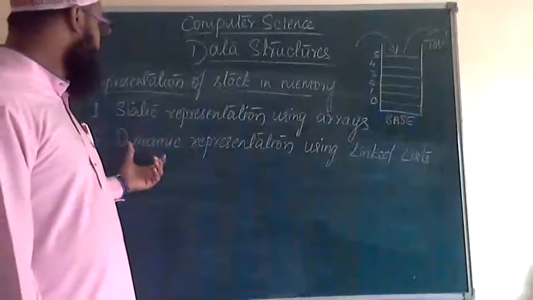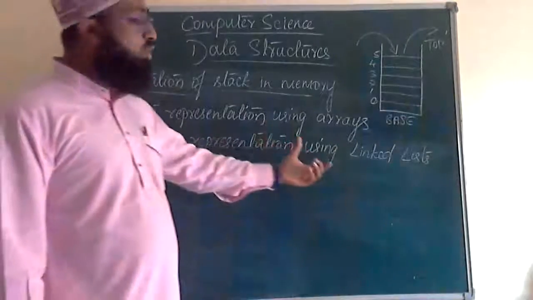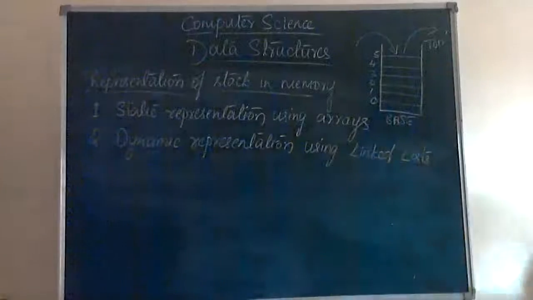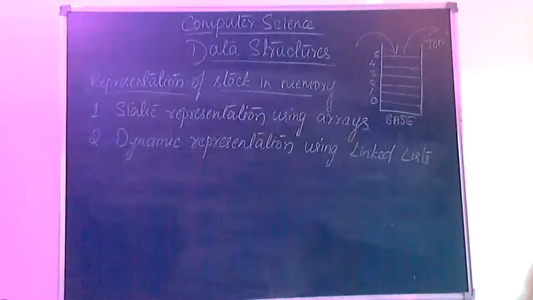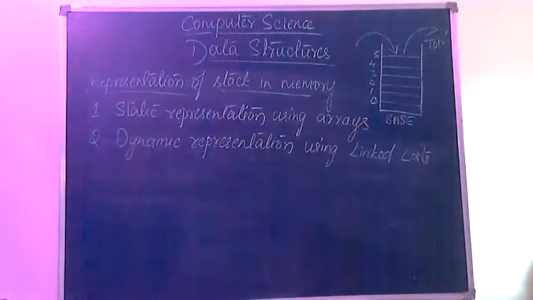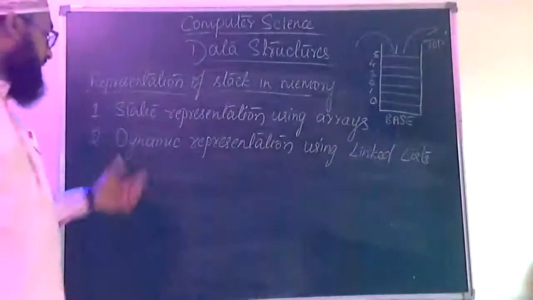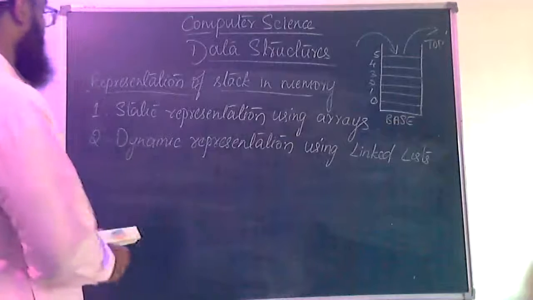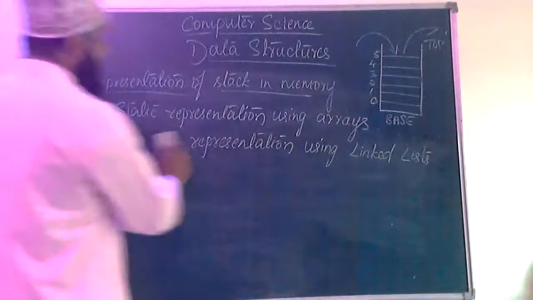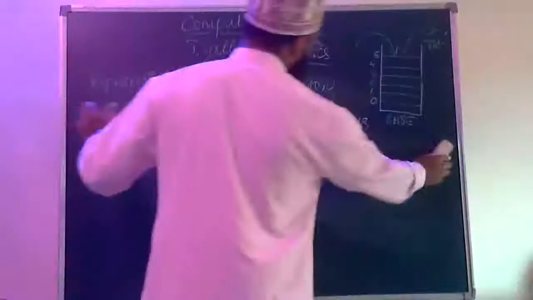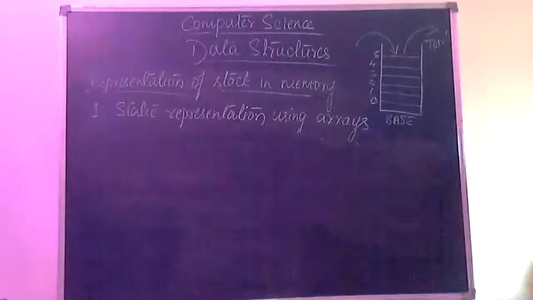The next one is dynamic representation using linked lists. One is static representation, the other one is dynamic representation. Come, we shall discuss the static representation using arrays.